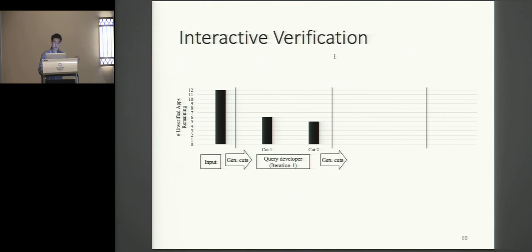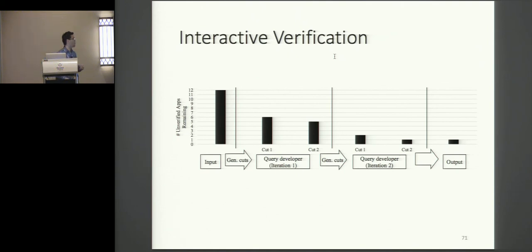And then for the remaining 5 apps, we repeated this process, generated some new cuts, and we verified 4 out of the 5 remaining apps. And that just leaves 1 app that we had to actually give to the auditor. And for this app, the false positive wasn't due to dead code, so there was no valid cut to be found.